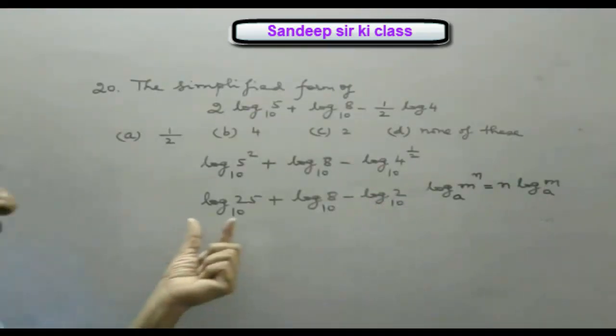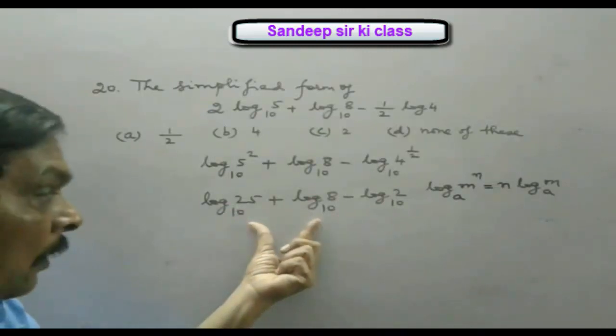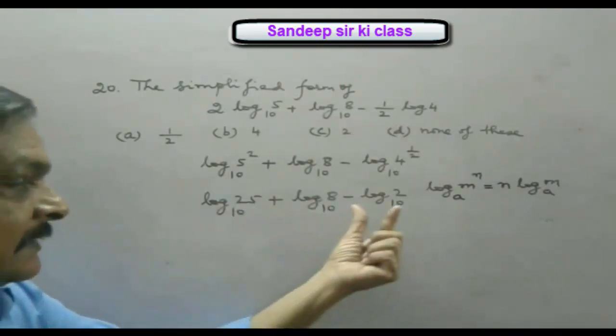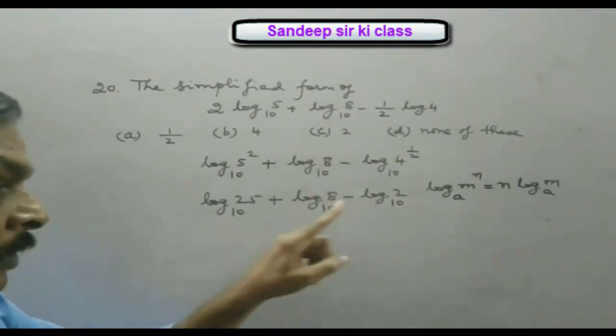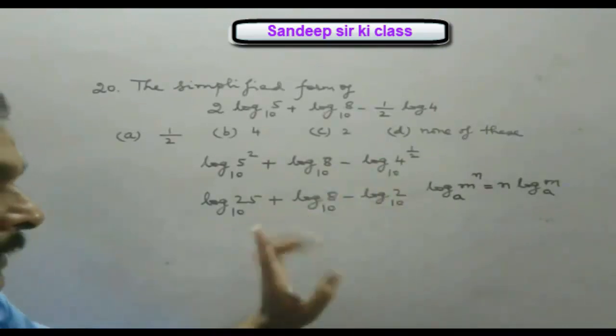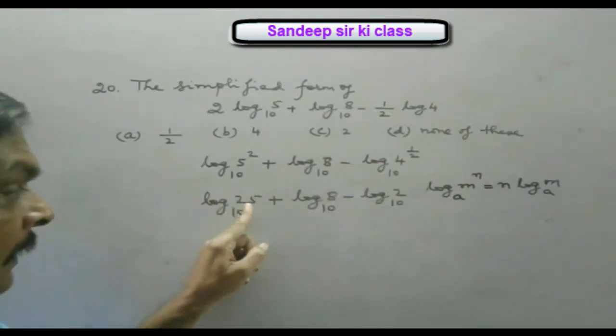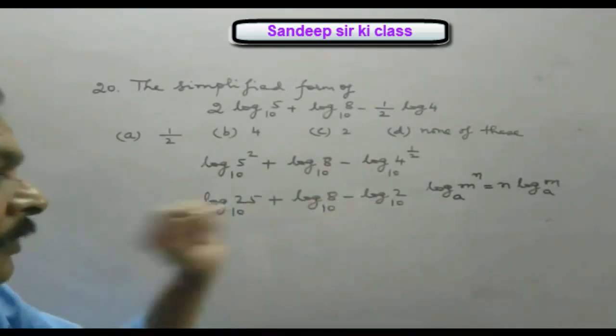Now 3 logs are given. These two are under addition form, and the third one is in the subtraction form. So for subtraction, the number will come in the denominator, and in addition the numbers will be in the product form.